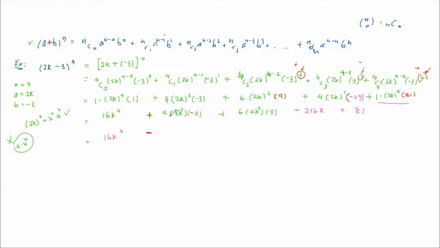One more time. 4 times 8 times 3 is what? 12 times 8 is 96. Okay, so we have 96x power 3. And this one plus, then you use 6 times 4 times 9. 6 times 4 times 9 is 216x power 2. And this one is already simplified. Okay, so this is the final answer.